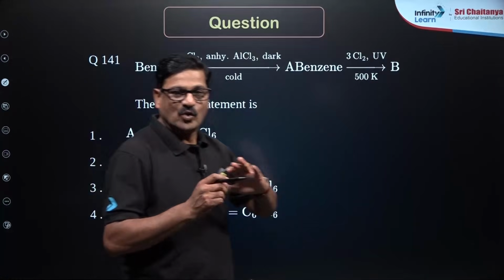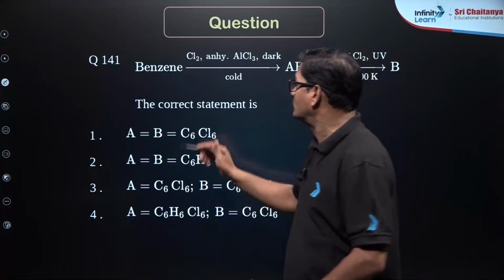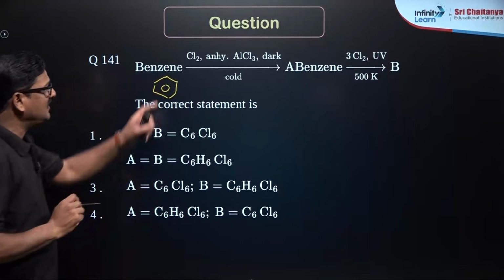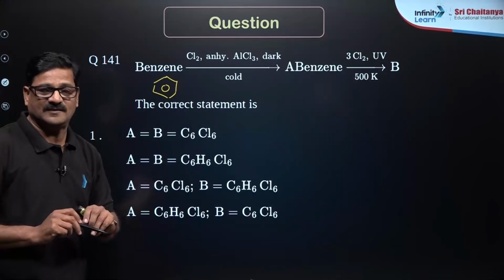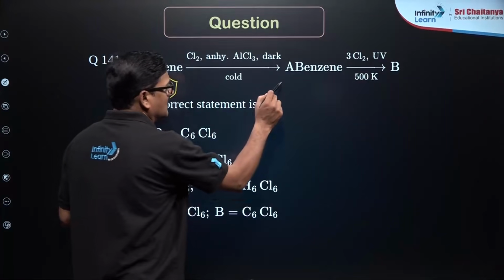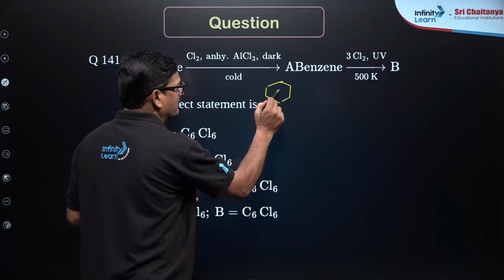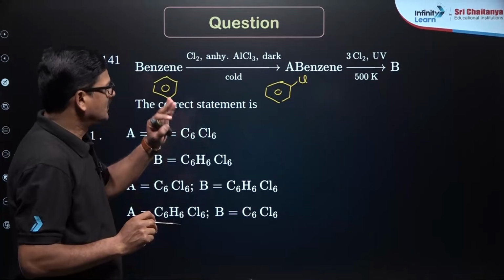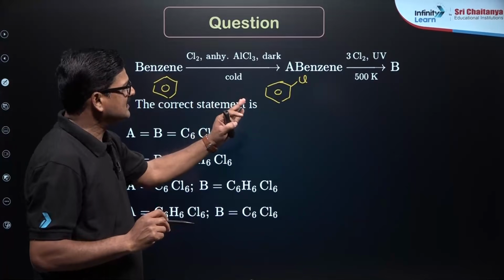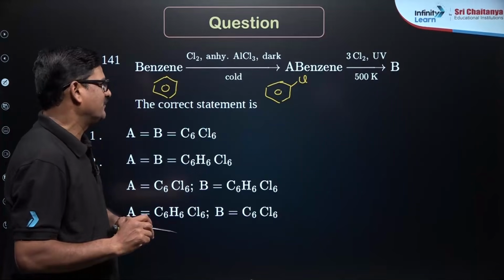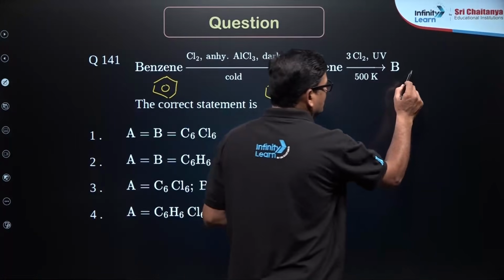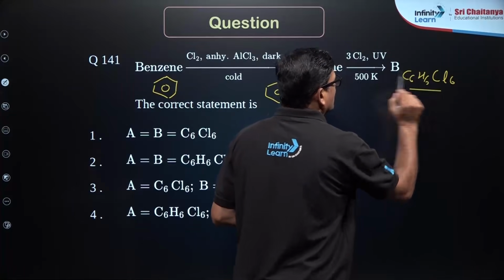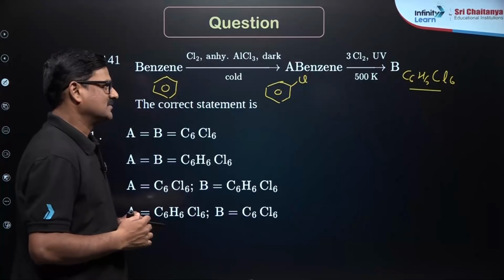Students, here it is a route mapping question. It is asking about benzene. When it is treated with Cl2 and anhydrous AlCl3, you are going to get chlorobenzene. This is going to be A. When the benzene is treated with Cl2 in UV, you are going to get C6H6Cl6, hexachlorobenzene.